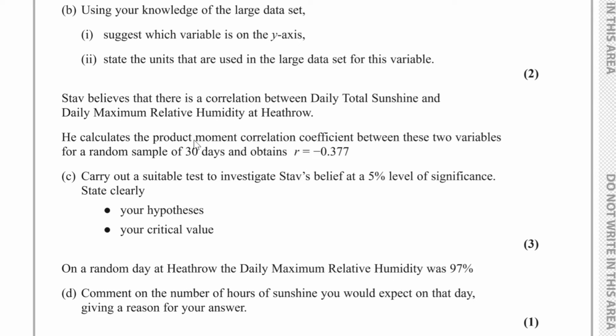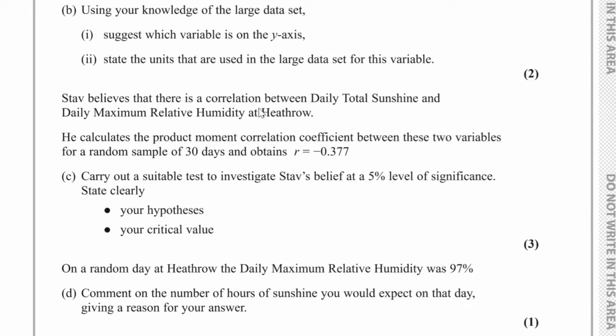Now, what you can hopefully see from the information given in the question is that we have a two-tailed test. The reason for that is we don't know if there is a positive or a negative correlation. The only thing we're checking is if there is any correlation at all.